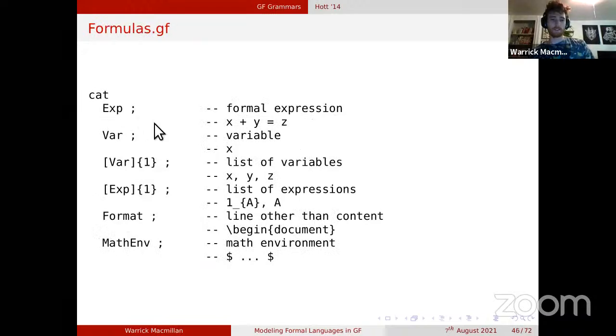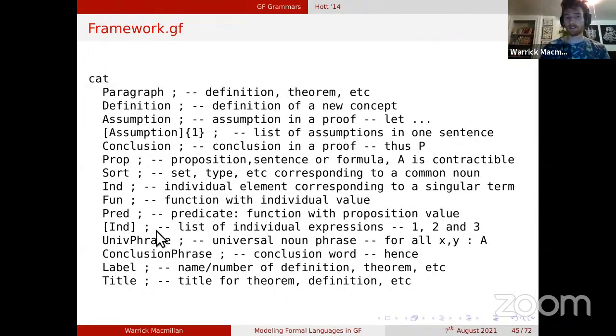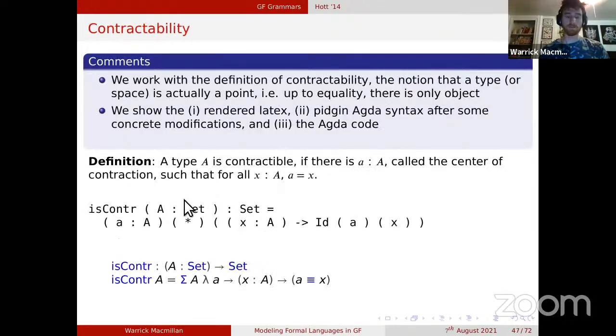These are the formulas. And things like universal phrase, which in some sense doesn't need to be covered as a separate category on the programming language side of things. But from a linguistic perspective, it makes it easier just to add a new category for that. So this is just kind of a case study.